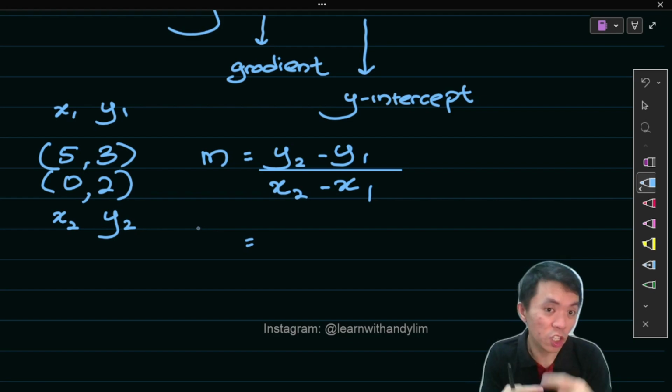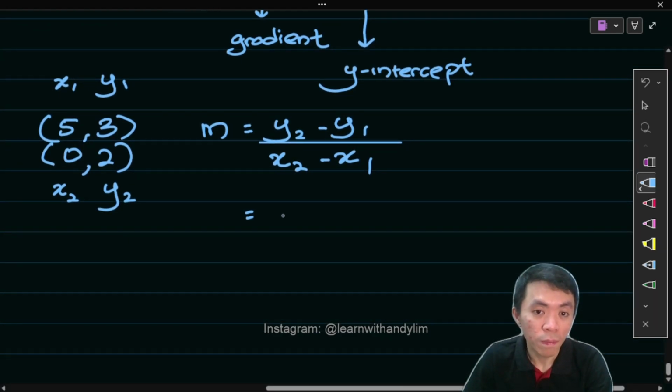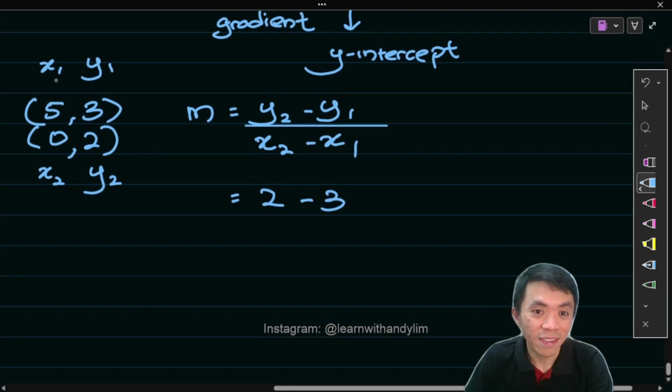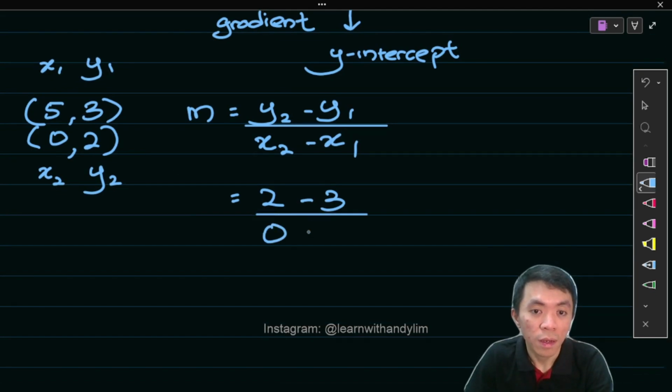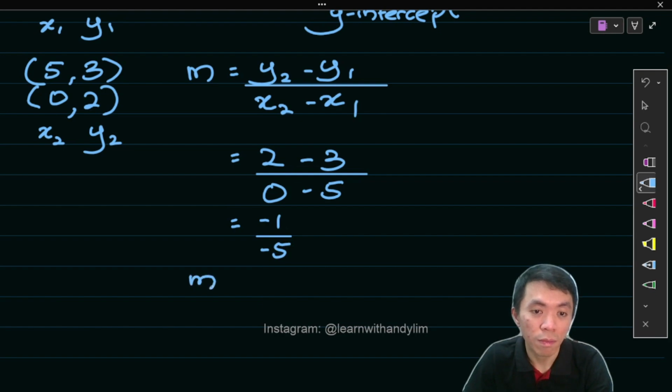They can be interchanged, just make sure you replace them accordingly. y2 is 2. y1 is 3. x2 is 0, minus my x1, which is 5. What am I going to get? I'm going to get -1 divided by -5. Turns out my gradient is 1 over 5.